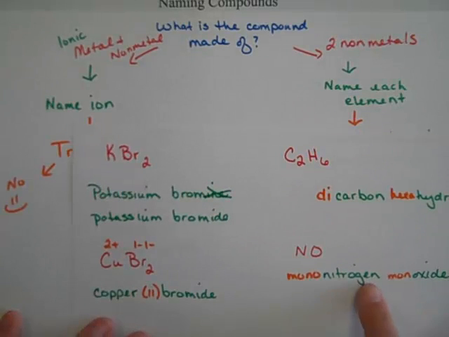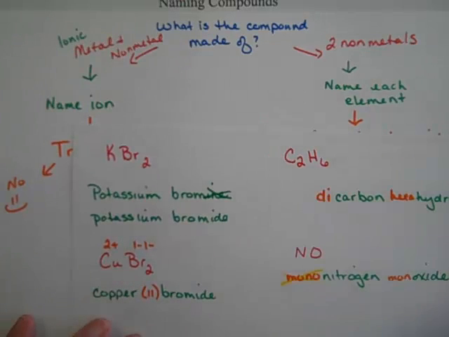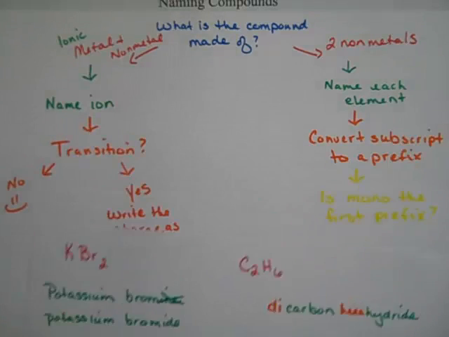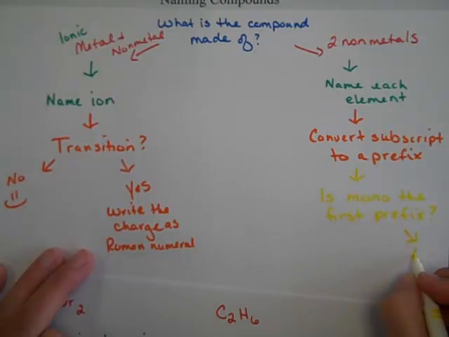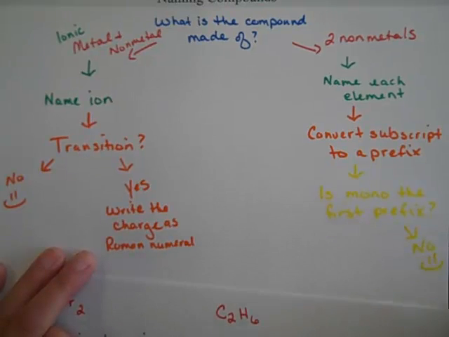If mono is our first prefix in our first element, we would cross that out. So what we would have is nitrogen monoxide. If mono is the first prefix, if it's no, then we're done.